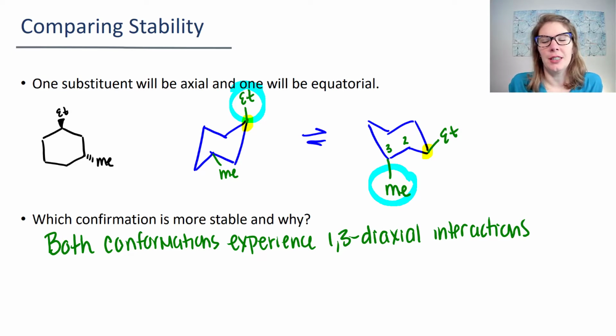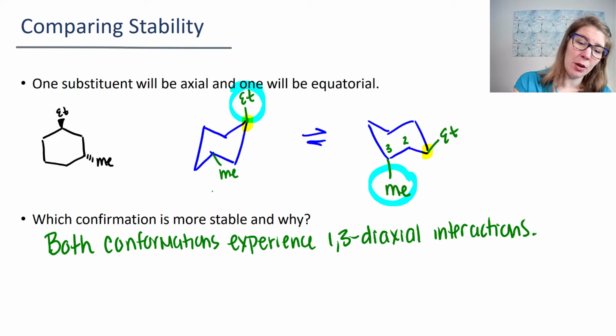And hopefully you're starting to think about the fact that methyl and ethyl are not the same size, and that 1,3 diaxial interactions are looking at how groups can get too close to one another. Well, if the group is bigger, then isn't it easier to get close to something else? And so your ethyl being in the axial position is going to be problematic. The ethyl being in the axial position ends up with greater 1,3 diaxial interactions because ethyl is a bigger group.